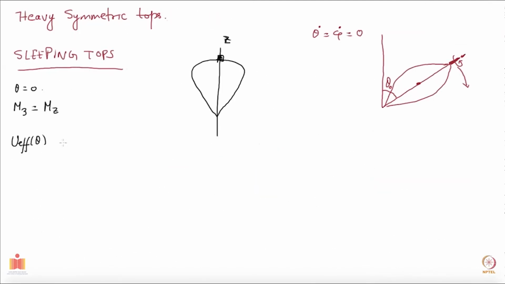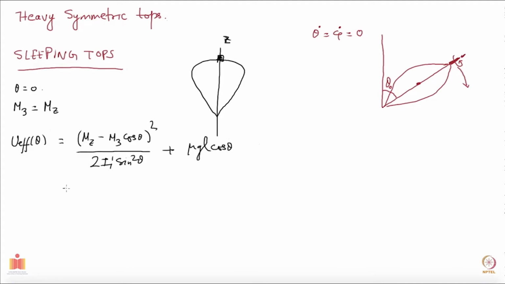Our U effective of theta is (mz minus m3 cos theta) the entire thing squared, divided by 2 I1 prime sine squared theta, and then you have the gravitational term mu g l cos theta.